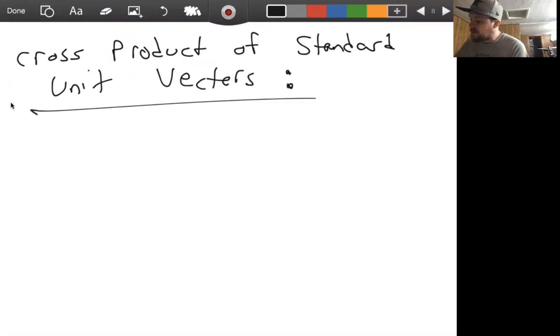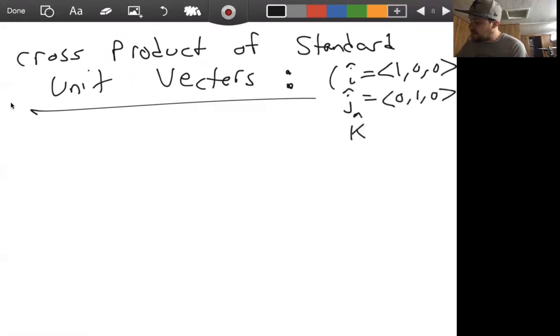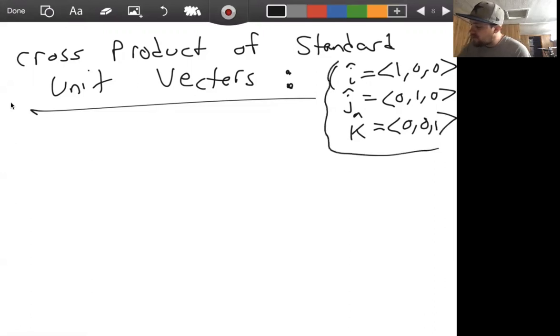Okay, so remember our standard unit vectors are i hat, which is 1, 0, 0, j hat, which is 0, 1, 0, and k hat, which is 0, 0, 1. Okay, these are our standard unit vectors, right? And now let's just take a handful of combinations. We could take i cross j, and let's think about this geometrically, without even plugging into the formula for cross product.